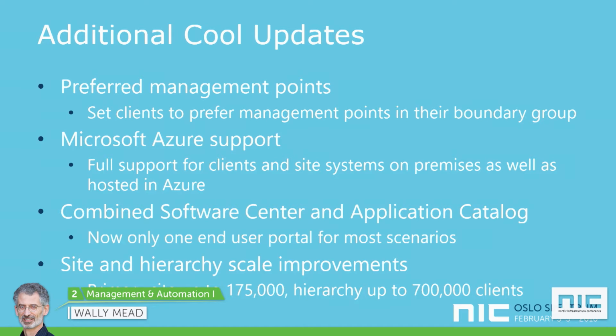If they can't get to it, network connectivity or it's offline or whatever the scenario is, they still will fall back to some other MP in your MP list. Because it's more important for you to have your clients managed, even if that means going across the WAN link to get policies and report inventory and status and so on. And then at the next cycle, it'll go ahead and try and pick that preferred MP again. And you can certainly have multiple MPs in a single boundary group if you want to.